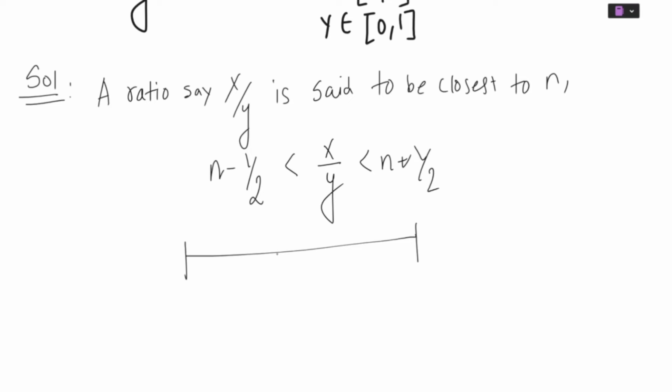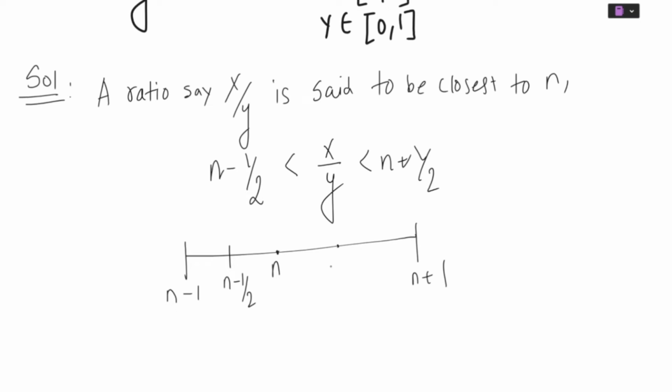So let's say this is my n. If this is my n, and this is my n minus 1 and this is my n plus 1, these are the three consecutive integers that we have. Now, the difference between n and n minus 1 is 1, so the middle point is nothing but n minus half.